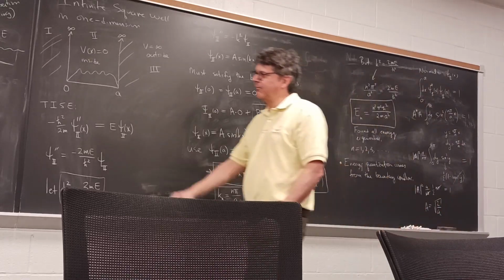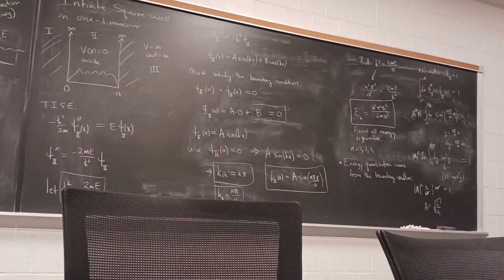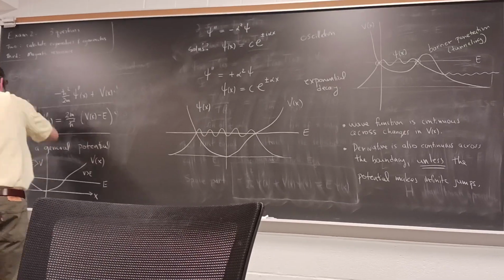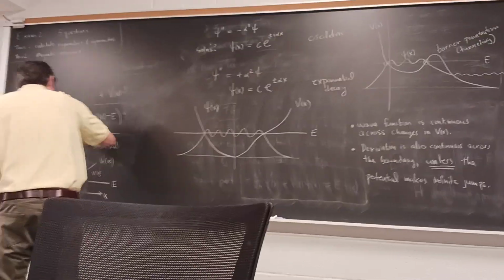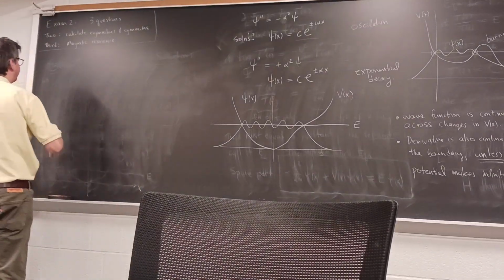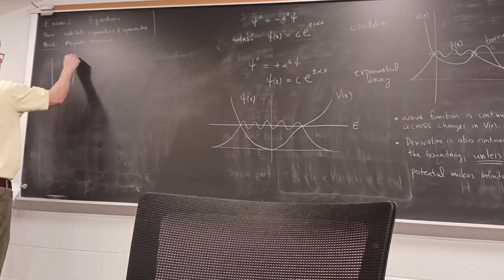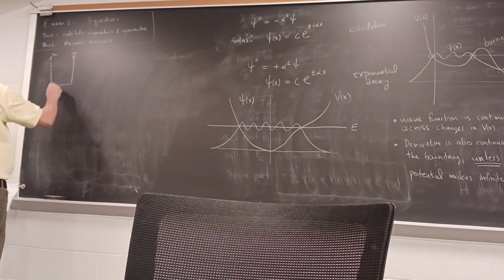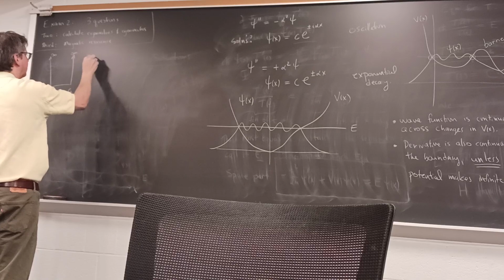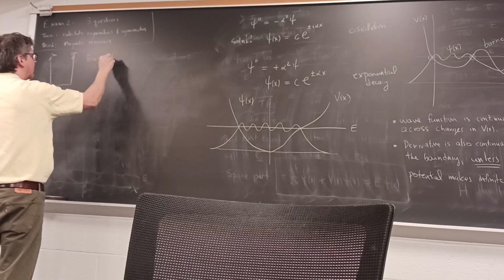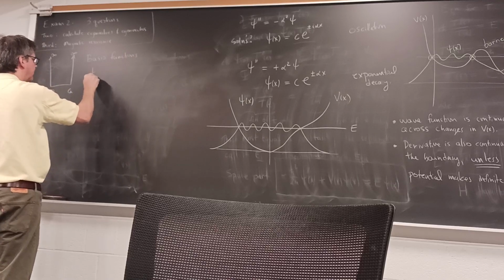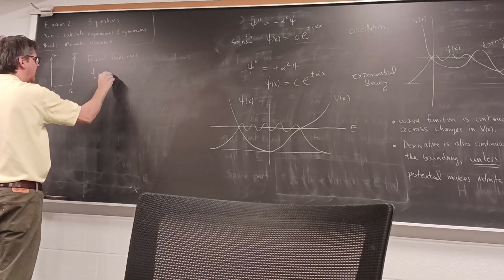Okay, so let's write down what we know so far. For the square well, the basis functions are, let's label them with an n now.